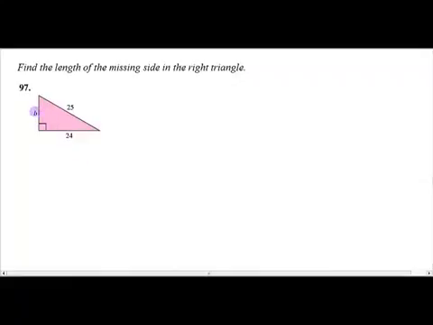Here I have a B. This must be side A, and this must be side C. So I have a squared plus b squared equals c squared is 24 squared plus b squared equals 25 squared. Now I have a 24 squared.